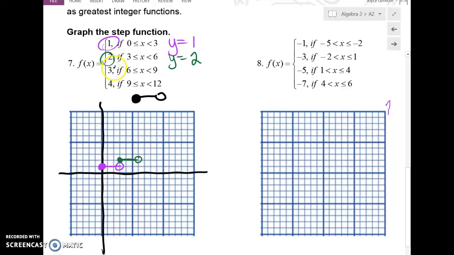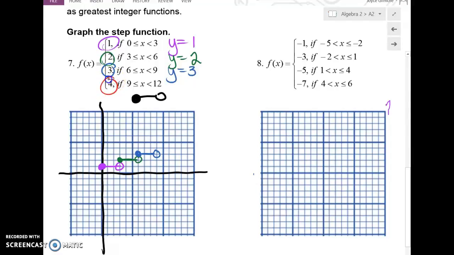The next equation is y equals 3. This is between 6 and 9. So the horizontal line y equals 3, which is going to be here, but only between the x values of 6 and 9. Closed circle at 6, open circle at 9, and connect them.